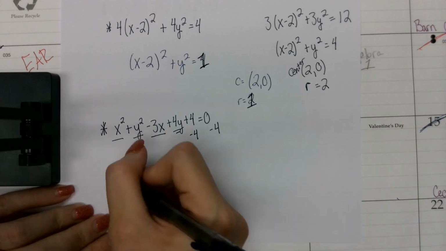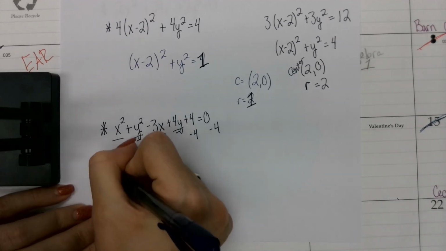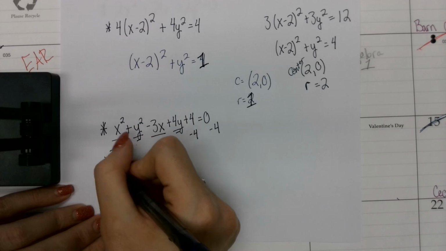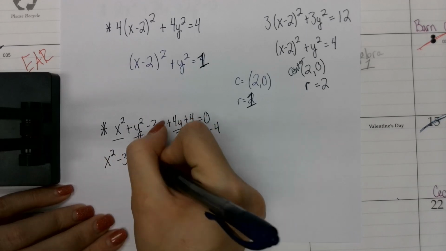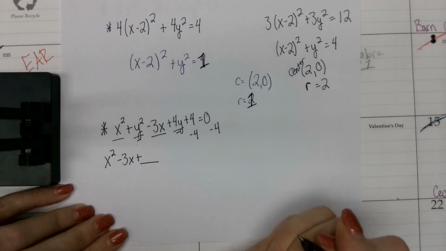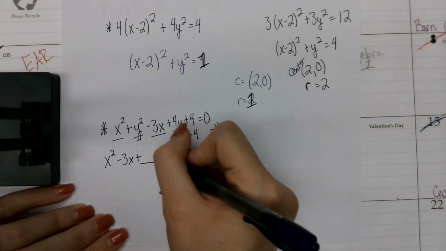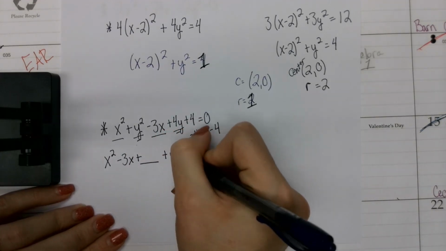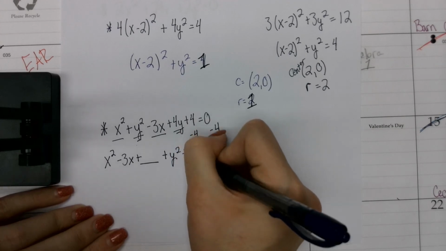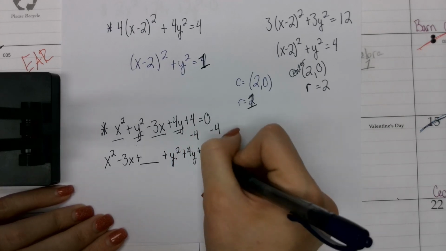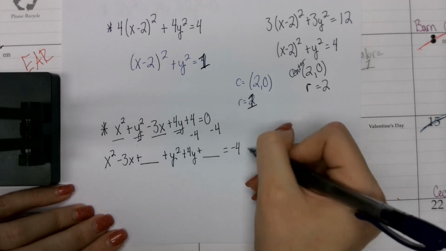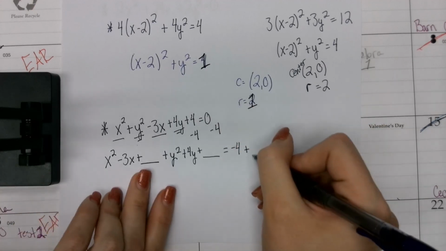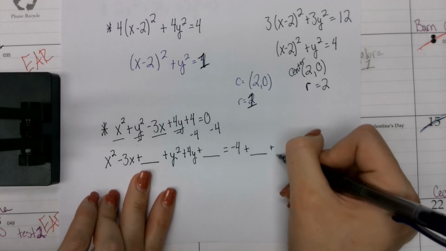I'm going to leave a space here to leave room to complete the square. So x² − 3x + blank, because we're going to put something there. Then my y's, y² + 4y + blank, equals negative 4 over here now. And whatever I'm adding here, I'm going to have to add on the other side.